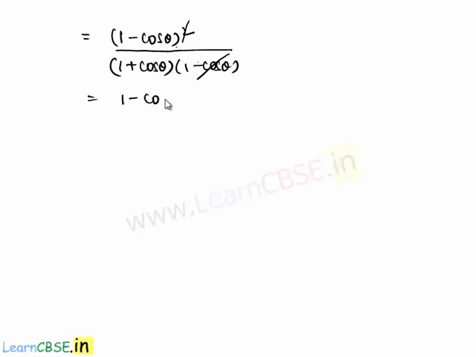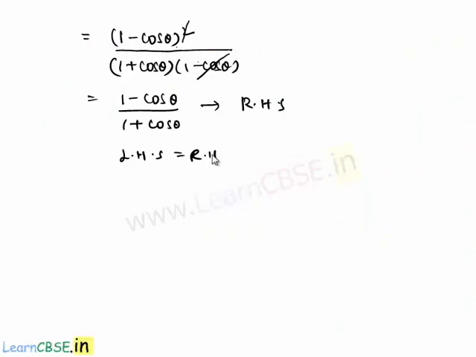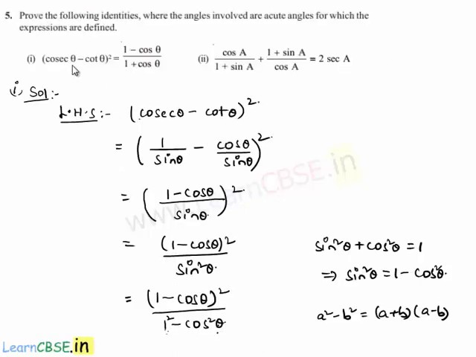So finally we got 1 minus cos theta by 1 plus cos theta, which is our right hand side. So here we got LHS equal to RHS. So finally we can say that cosecant theta minus cot theta whole square is equal to 1 minus cos theta by 1 plus cos theta.